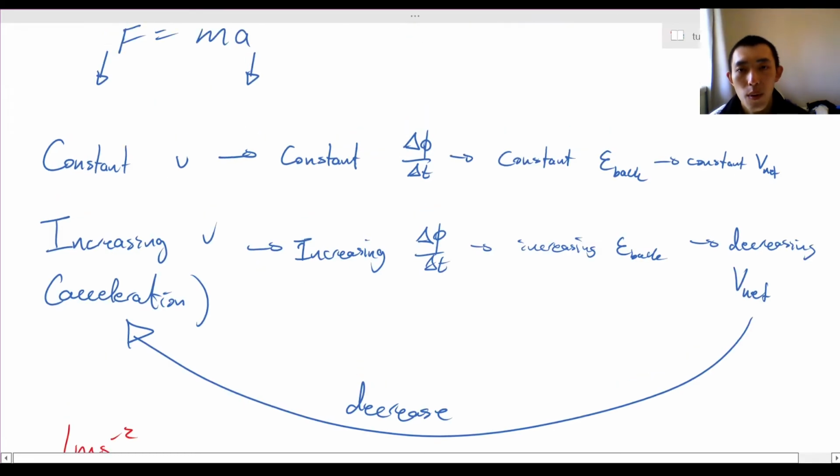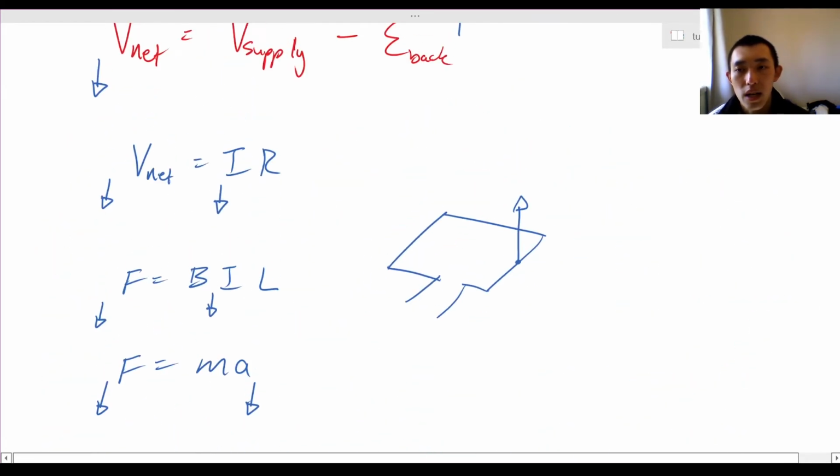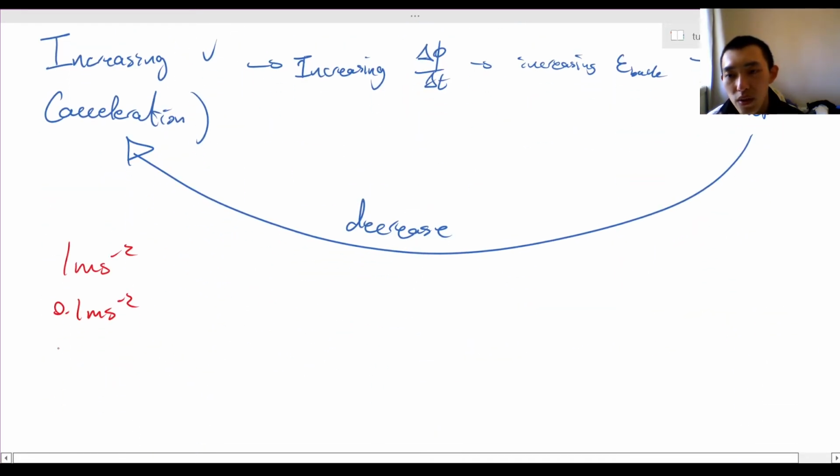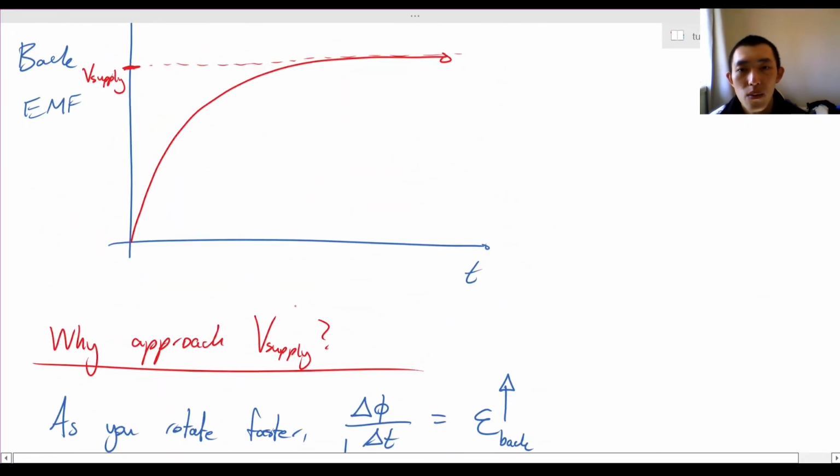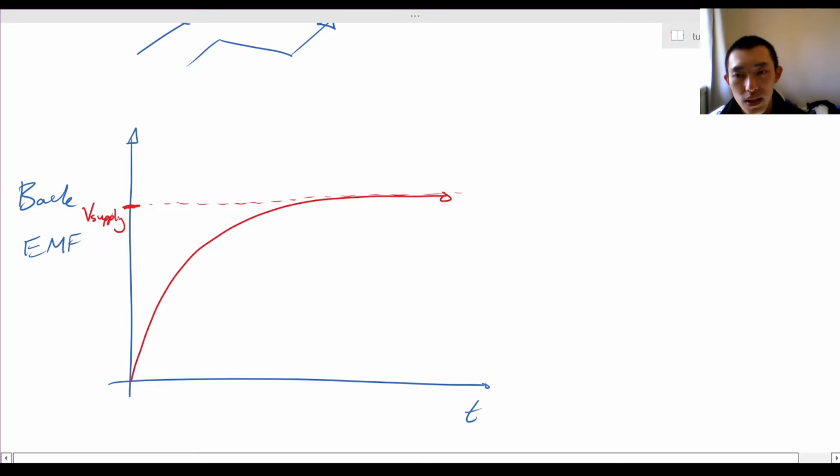And because of the above thing over here: decreased V net, decreased current, decreased force, decreased acceleration. So we decrease acceleration again. You can see that the acceleration keeps getting lower and lower, and that explains why we have this kind of curve here. It keeps getting more and more flat, because our acceleration keeps on decreasing.